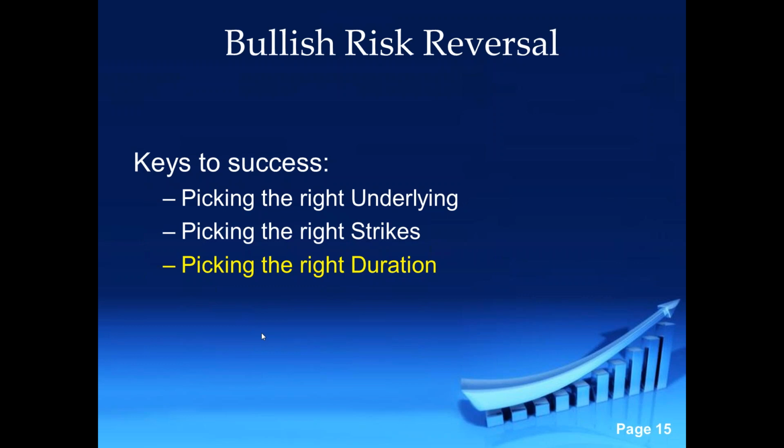We don't have to worry about our duration. So if we don't have to worry about our duration, let's go further out in time. It may make us move out one tick or something like that. But at the end of the day, we have a lot more time to be right. So time is our friend in this instance.